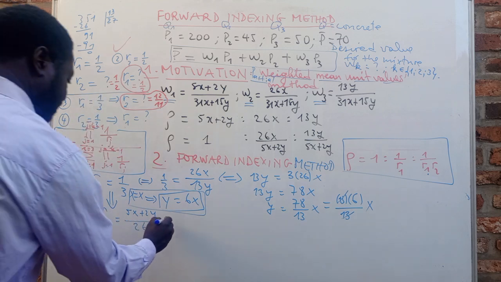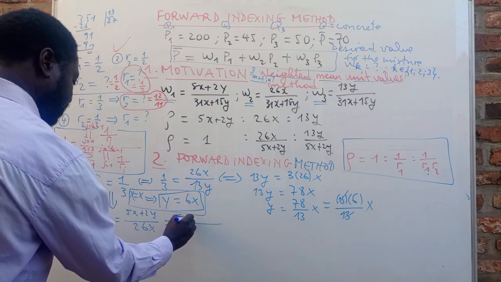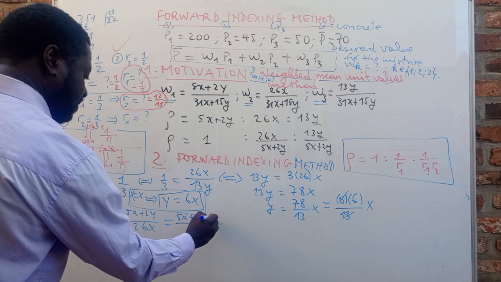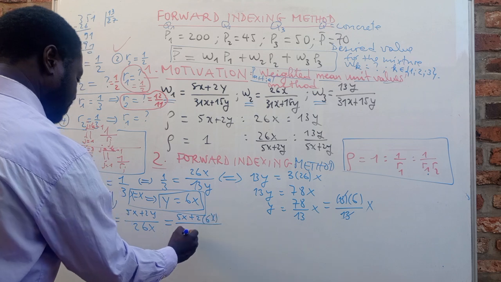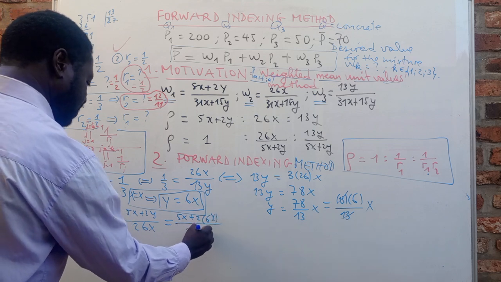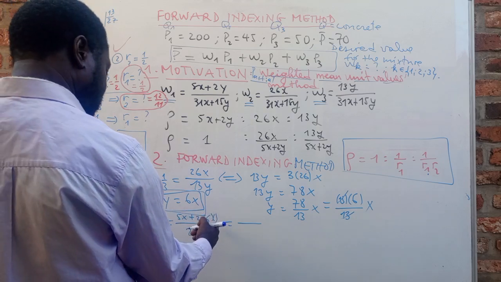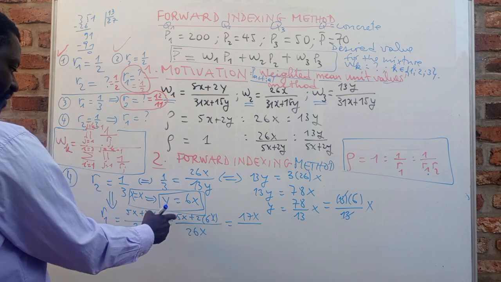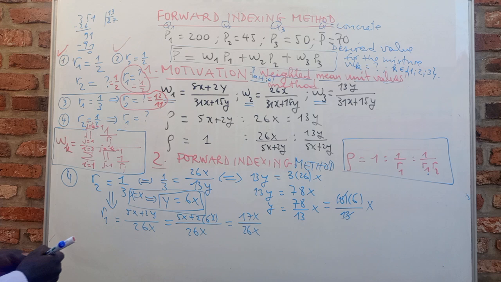There's a cancellation. Now, substitution: 5x plus 2y, 2 times 6x, divided by 26x. This is 2 times 6 is 12. Then we have 17x, 12 plus 5 is 17, over 26x. Okay, this is the first ratio.